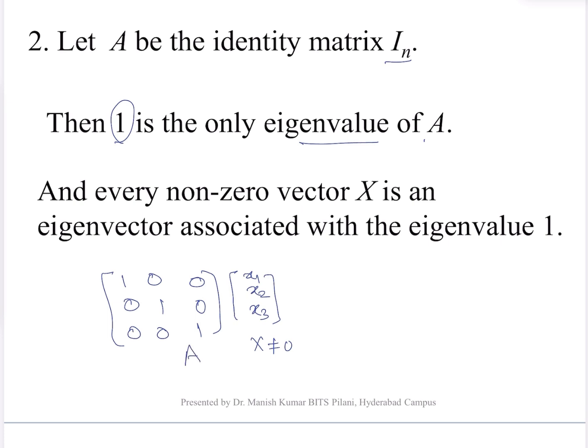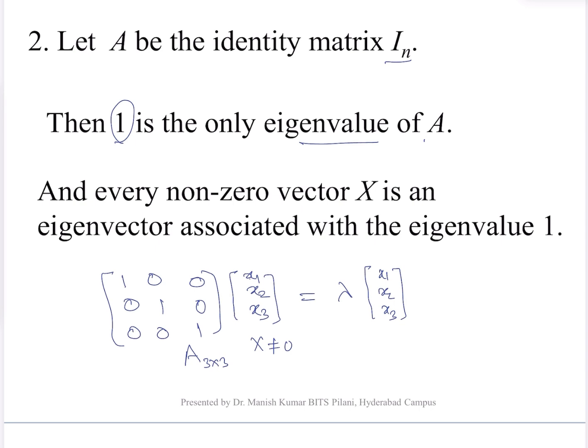A is your 3 by 3 matrix, equal to lambda x. So what is the only possibility? Because whenever you multiply, you will get 1 and then 0 and then 0.